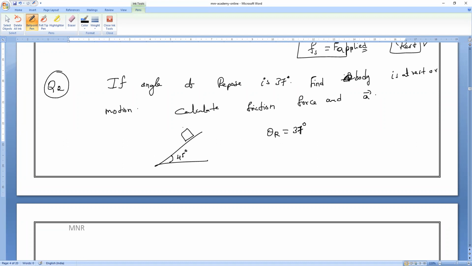Now the object is present. So directly you can say the applied angle 45 is greater than the angle of repose. That means the body will start sliding.